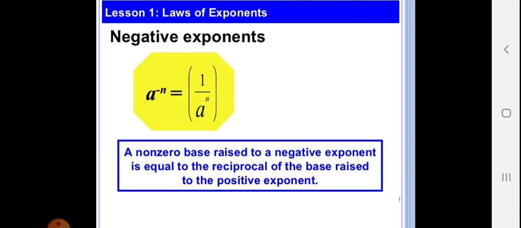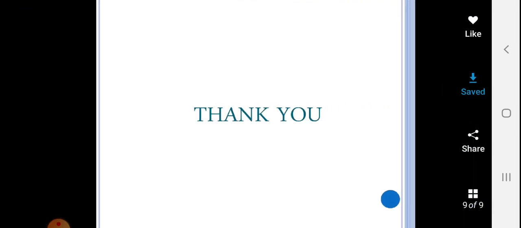So any time you face an example with a negative power, the first task you will perform is to always convert your number from numerator to denominator, and so your power gets positive. So a non-zero base raised to a negative exponent is equal to the reciprocal of the base raised to the positive exponent. So I hope you have learned all these laws in short.